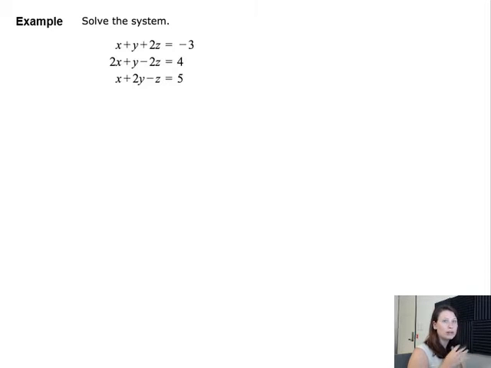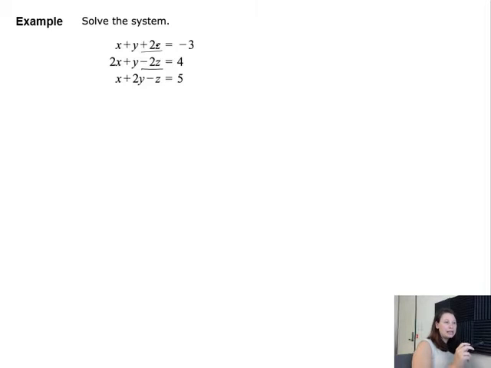You can choose whatever way you want to use. Having said that, this one easily lends itself to elimination because right away we see we have negative 2z and 2z. We can right away cancel that out.